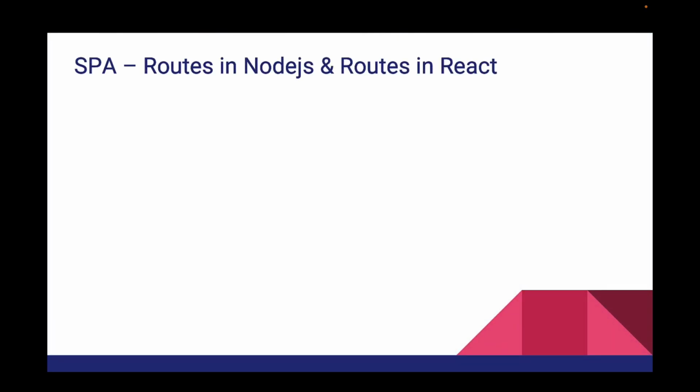A single page app is a very different kind of app as compared to a multiple page app. If you have some experience with ASP.NET, ASP.NET Core or PHP, those are multiple page apps where we are not using a front-end framework like React, or let's say Angular, to build a single page app.